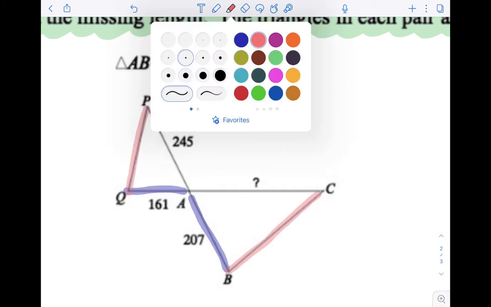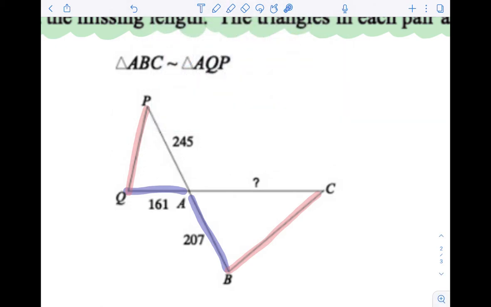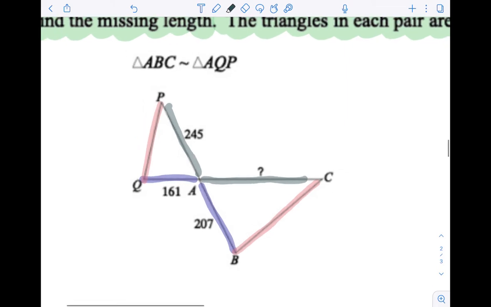So that means that the last one here is A to C, which is similar to A to P. So let me do highlighting here. A to C is similar to A to P. Look at that.